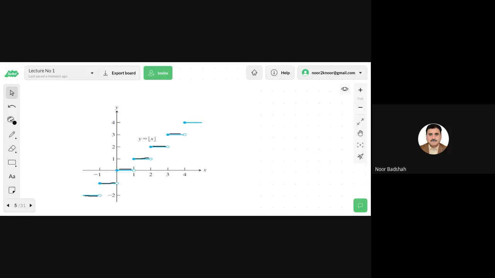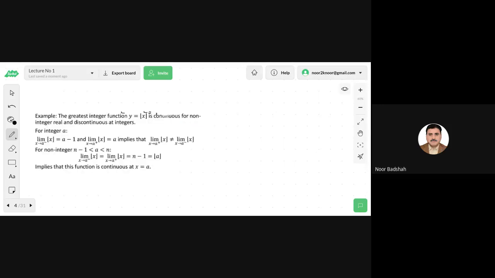Now, how do we do it mathematically? Graphically, I hope you understood it, and it's easy for you to check where the graph is continuous and where it is not continuous. So let me redefine greatest integer function again.